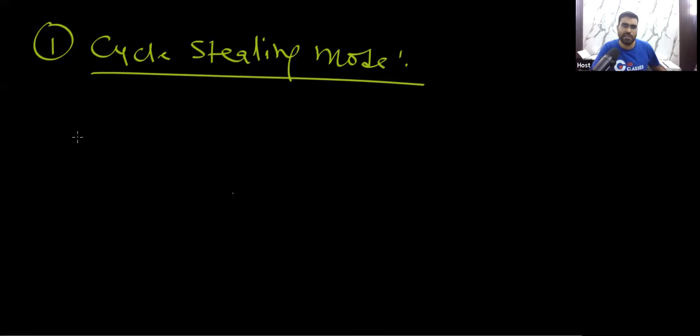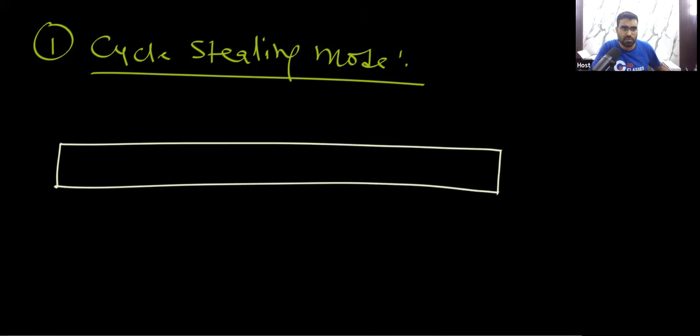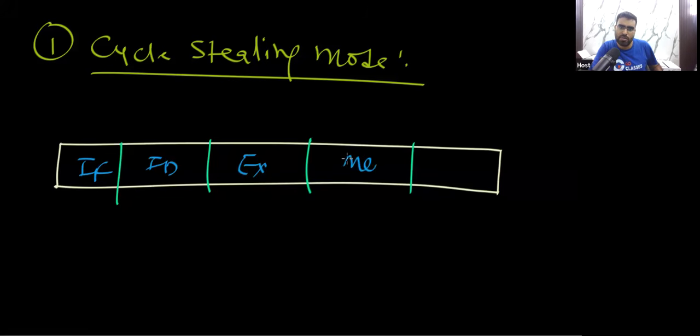So what are the possibilities? Let me tell you, very interesting thing is coming. Let's assume that this is instruction fetch, instruction decode, execute, and here is main memory access, and there is write back. This is your instruction execution.